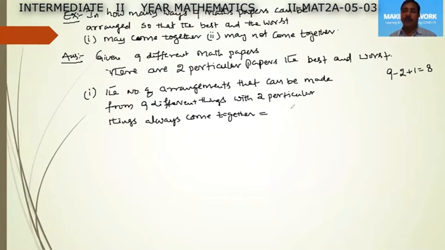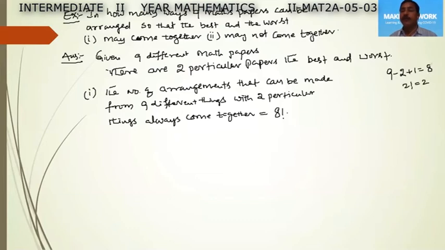So that is the first work. What is the first work? We are arranging the remaining elements by considering the 2 particular things as one. So when in the given 9 things, the 2 particular things are considered as one unit, then the remaining elements are 8. These 8 elements can be arranged in themselves in 8 factorial ways. And after arranging these 8 elements in 8 factorial ways, the 2 particular things can also be arranged in themselves in 2 factorial ways, that is, in 2 different ways.